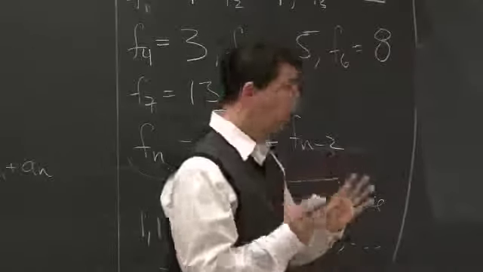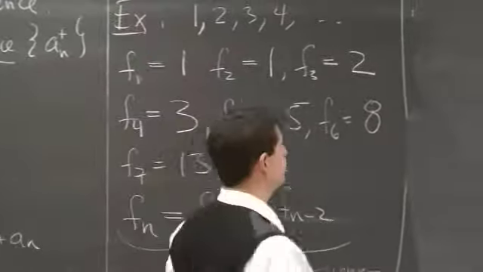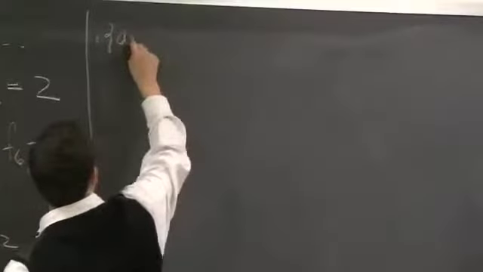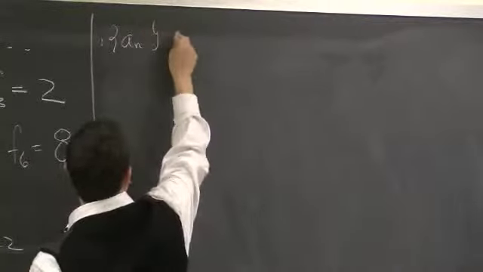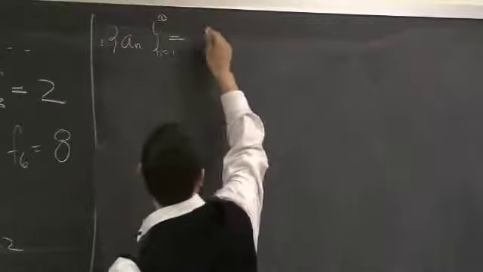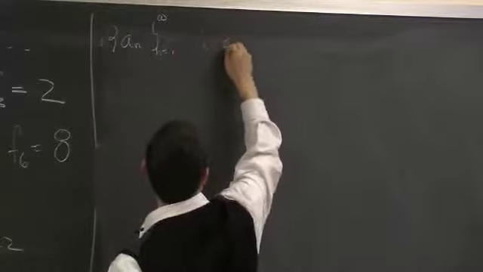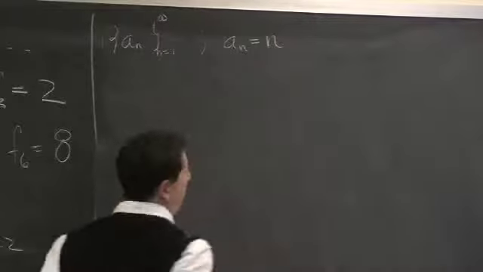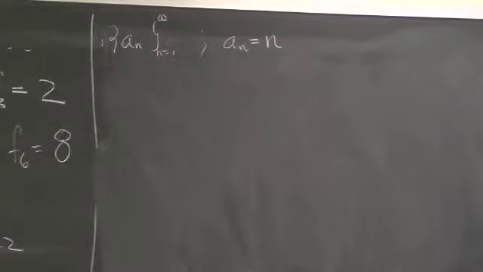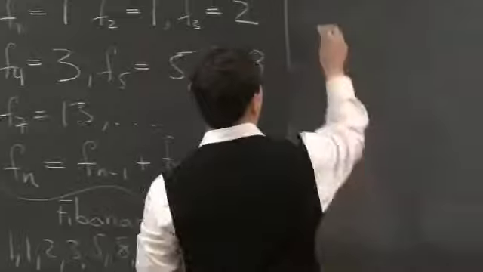So let's start with our first example of a sequence. We have this sequence, a_n is n. That's the shorthand for the sequence of natural numbers.